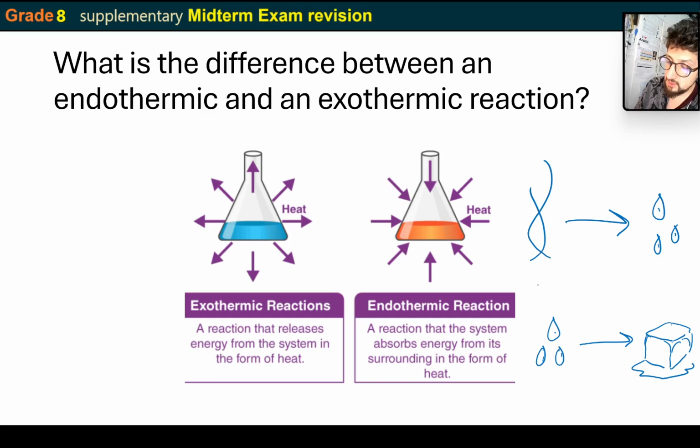Well, the liquid particles have more energy. The gas particles have even more energy, but then the liquid particles have more energy than the solid particles. So in order to go from liquid to solid, those liquid particles have to lose even more energy to become solid. So they have to give out energy. So this also becomes exothermic.